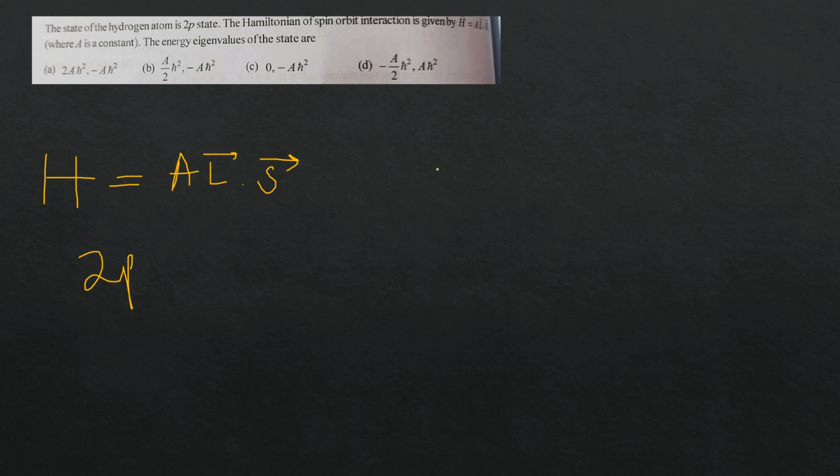You can pause the video also. We know J is equal to L plus S, isn't it? So if I take the square on both sides, this is your question number 31.